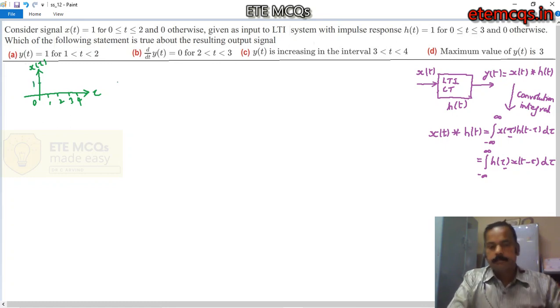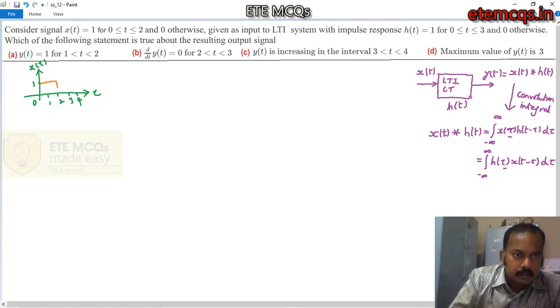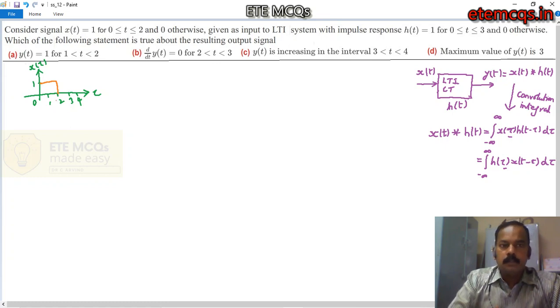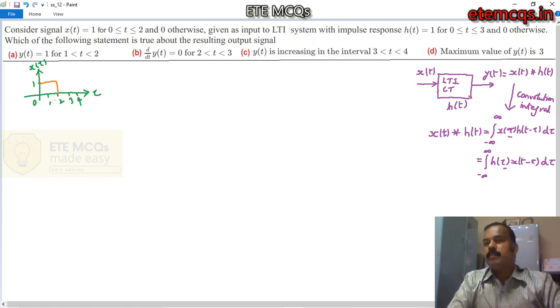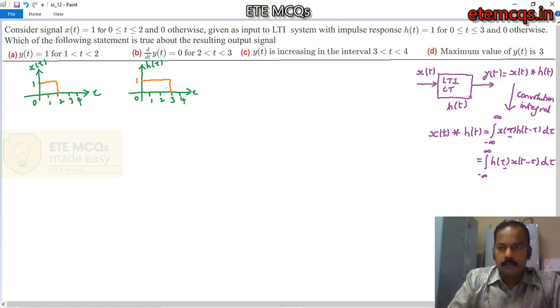X of tau is 1 between 0 and 2. Now what is h of tau? H of tau is 1 between 0 and 3. So we have plotted x of tau and h of tau.